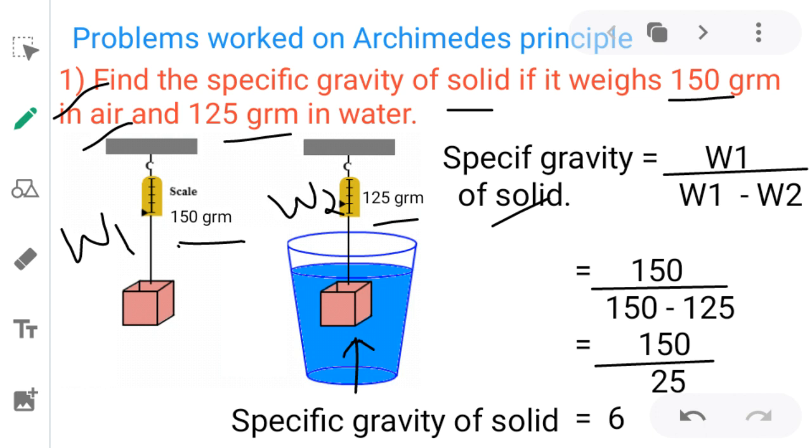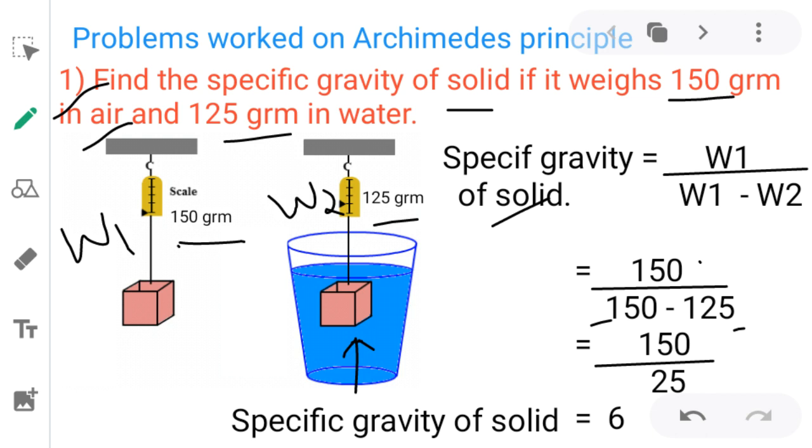As per the given problem, the weight of solid in air W1 is 150 grams, and W2, the weight of solid in water, is 125 grams.